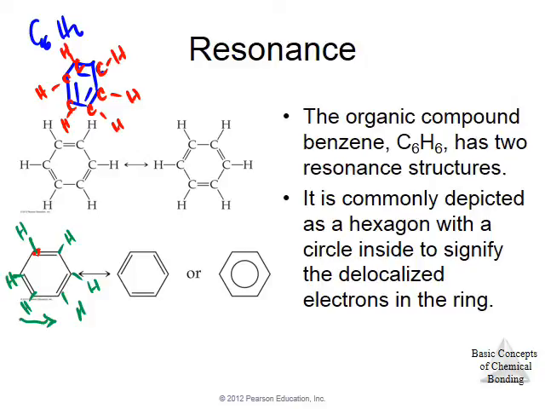Now, in order to see another pathway for electrons to go through, I need to play with these double bonds. Let's bring this double bond from its present location to in between adjacent carbon atoms.